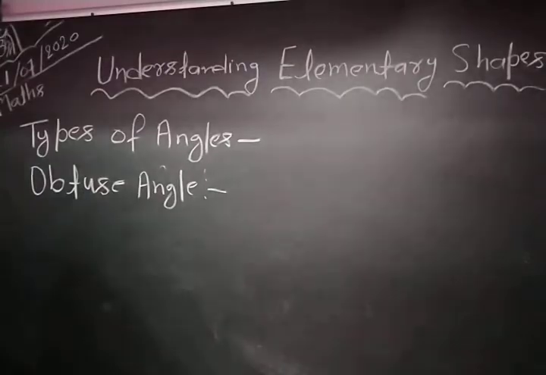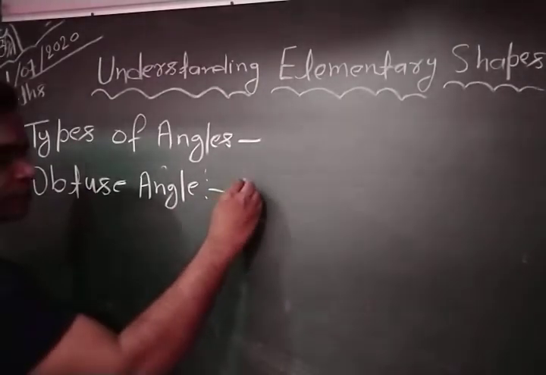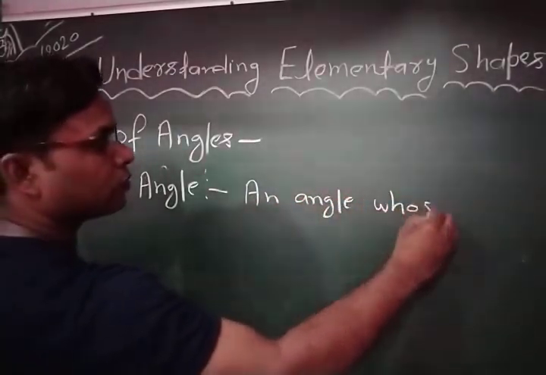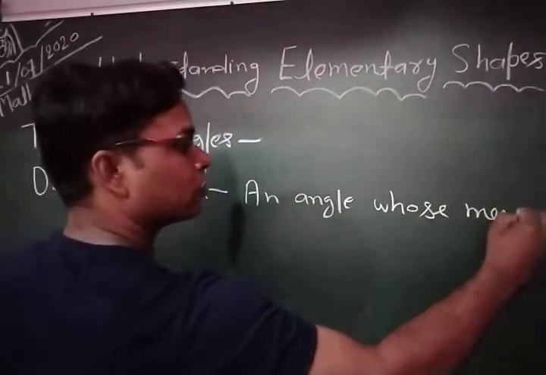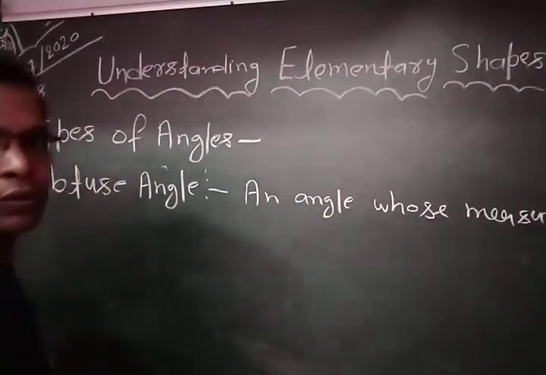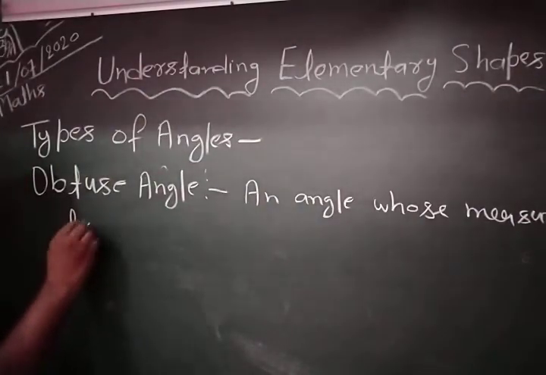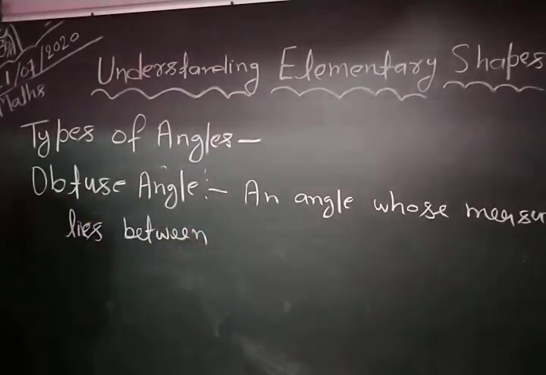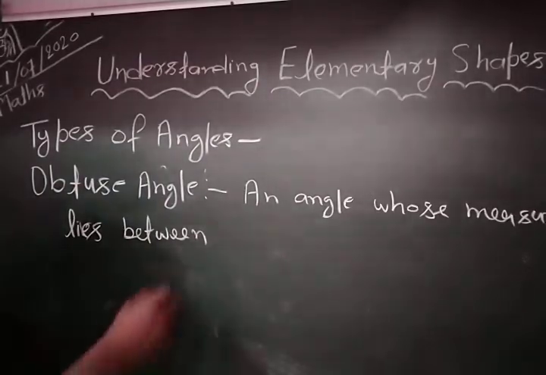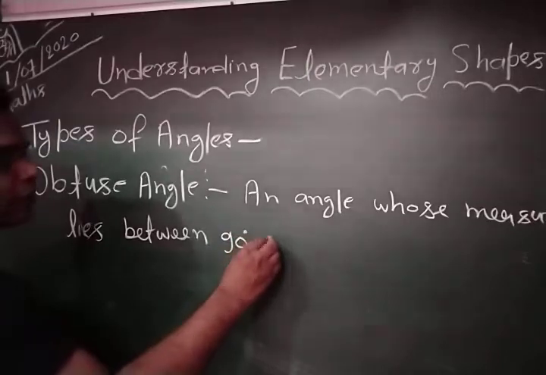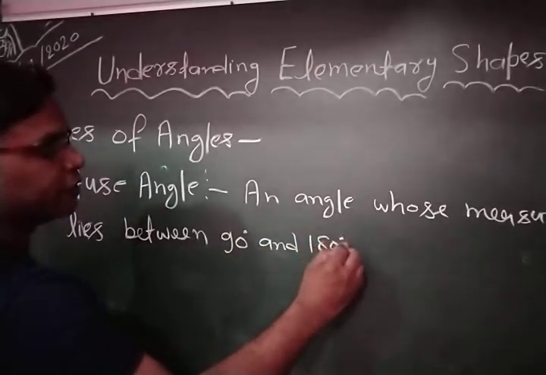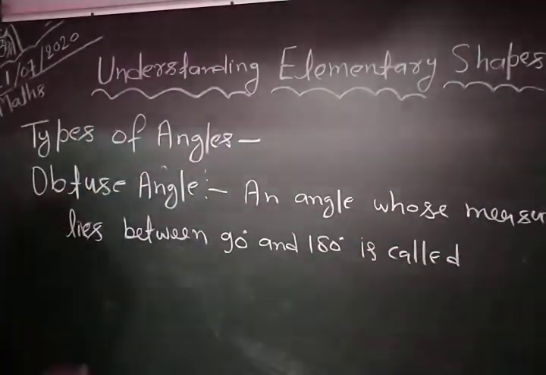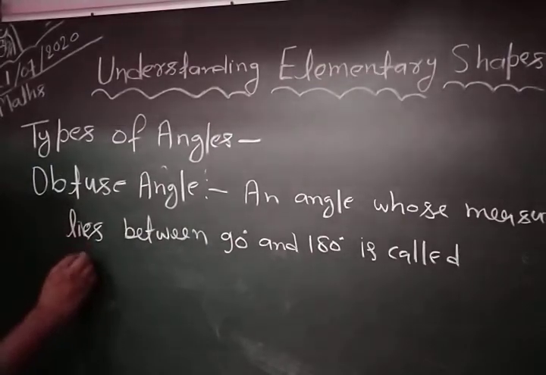Okay. So an angle whose measure lies between 90 degrees and 180 degrees is called an obtuse angle.